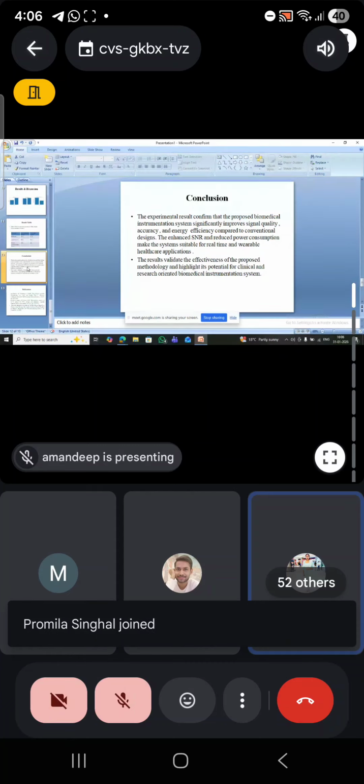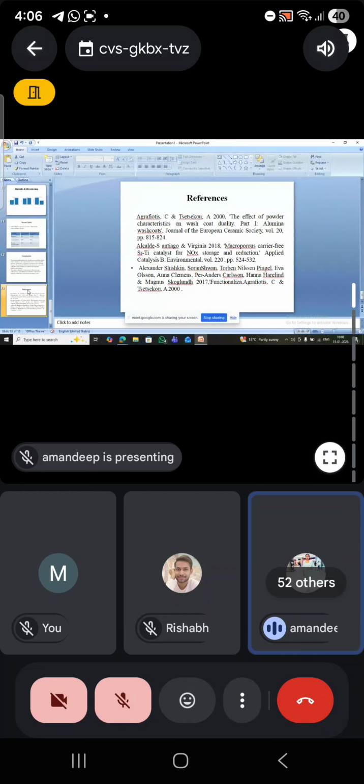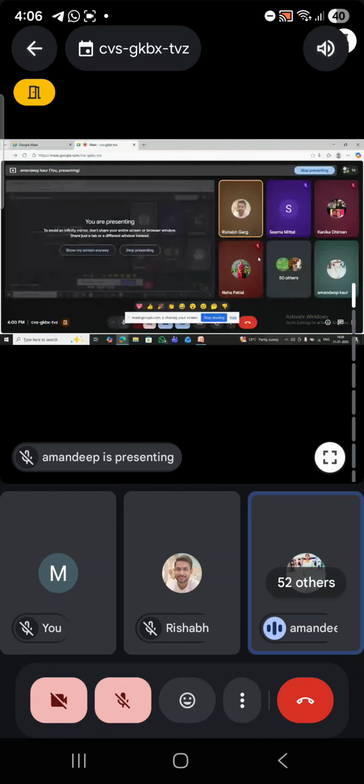The results validate the effectiveness of the proposed methodology and highlight its potential for clinical and research-oriented biomedical instrumentation systems. Now, last is references. Thank you, sir. This is the presentation.